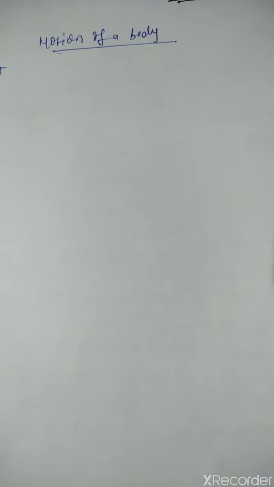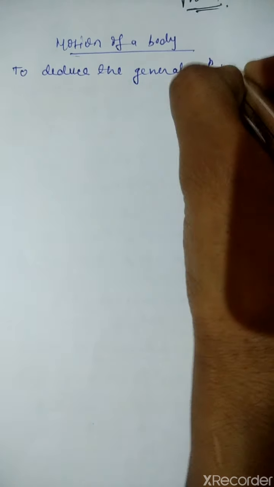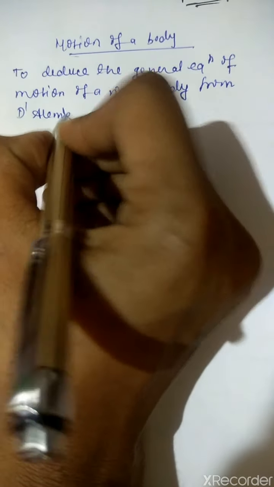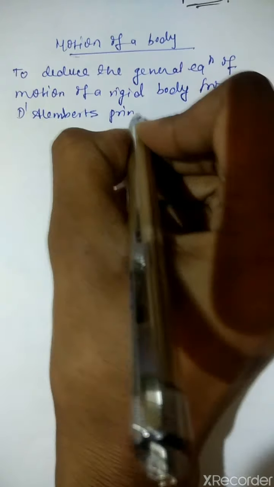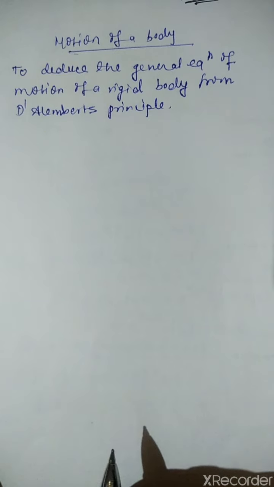So what we deduce here is the general equation of motion of a rigid body from D'Alembert's principle.